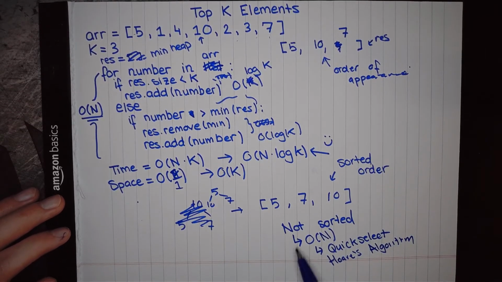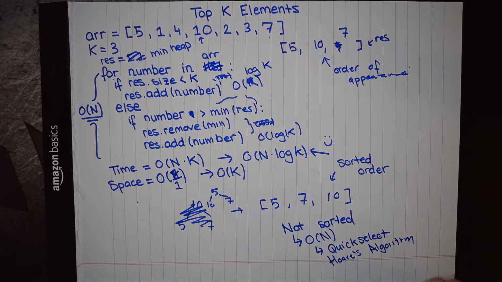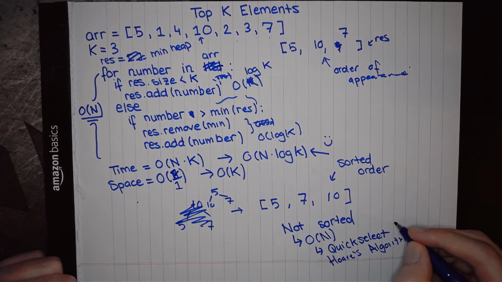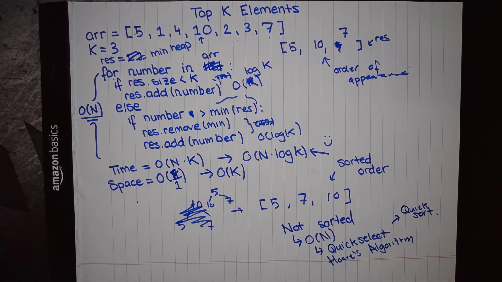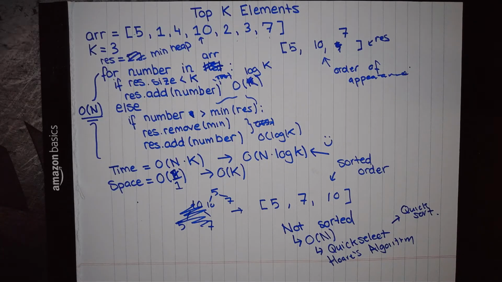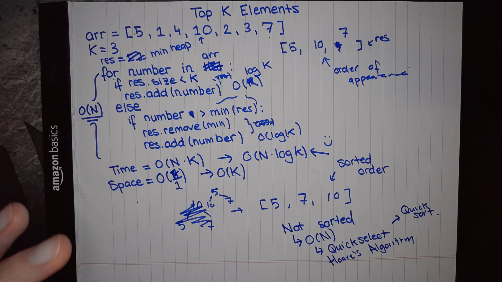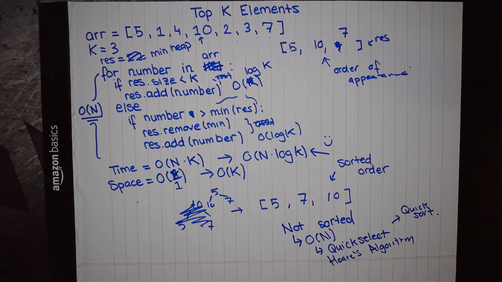All right, I really suggest that you look this up, but this is more relevant once we get to the sorting section of the curriculum, because quick select is actually a modification of quick sort, which is a well-known sorting algorithm. So the point being that for top k elements, if the output is asking for the k elements in sorted order, then this approach using a min heap is the best possible.